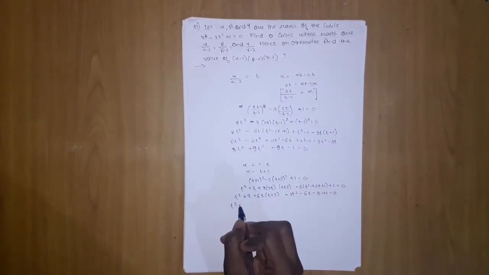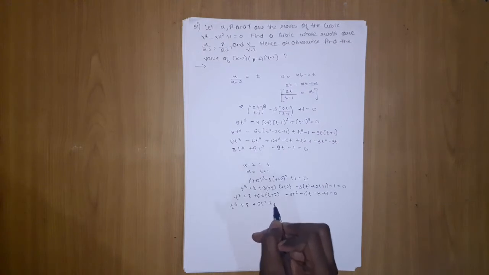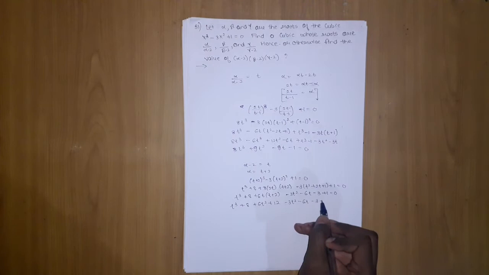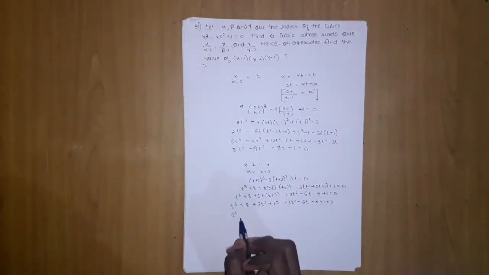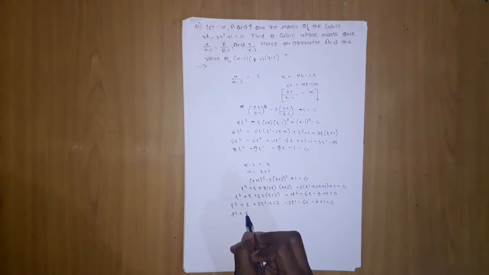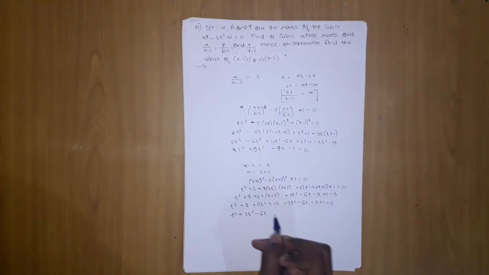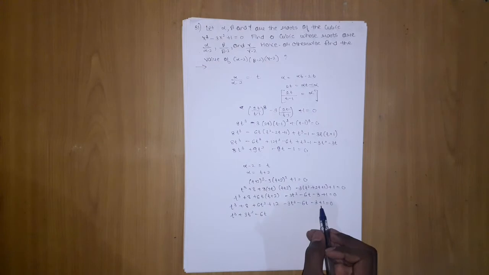We will get t cube plus 8 plus 6t square plus 12t minus 3t square minus 6t minus 3 plus 1 equal to 0. Now let's check the terms. t cube is the only term. Here we will be left with 3t square.